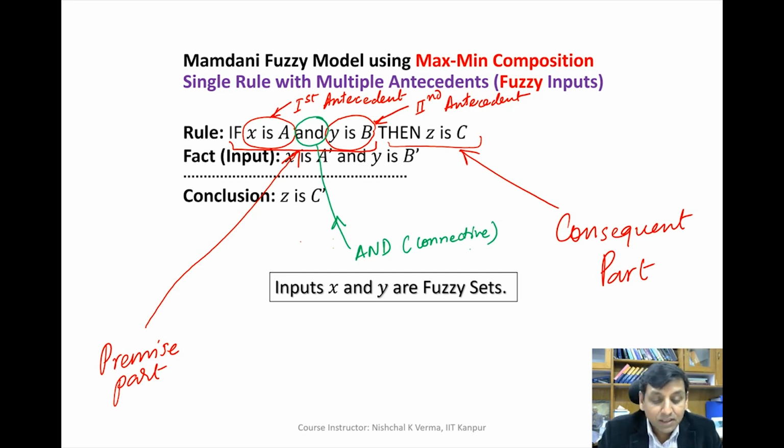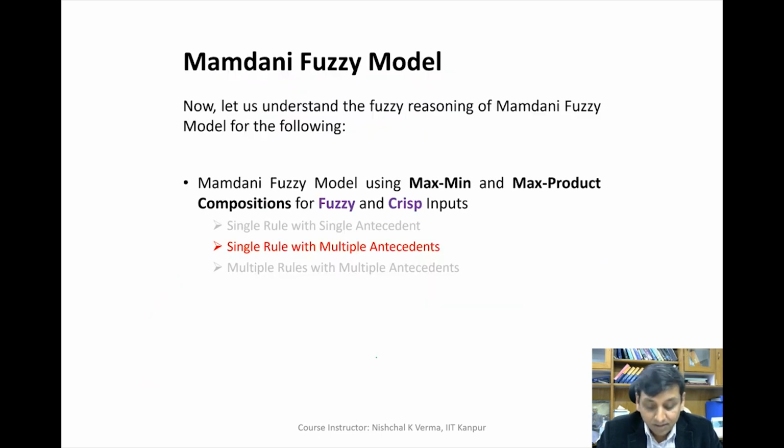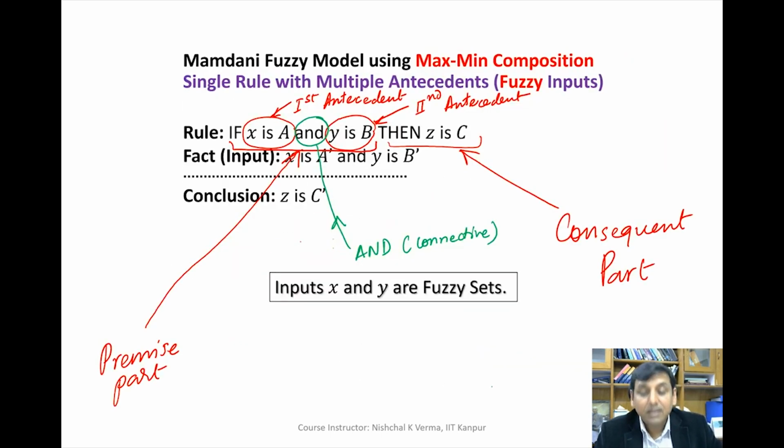Now coming to the consequent part, we have z as the output and C is the fuzzy value. So the consequent part is fuzzy. So when we see this rule, it has the premise part fuzzy because A and B both are fuzzy, and the consequent part is also fuzzy because C is fuzzy.